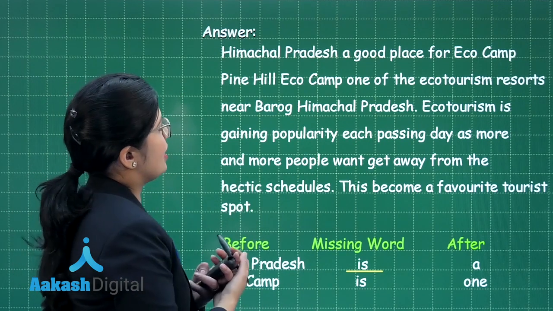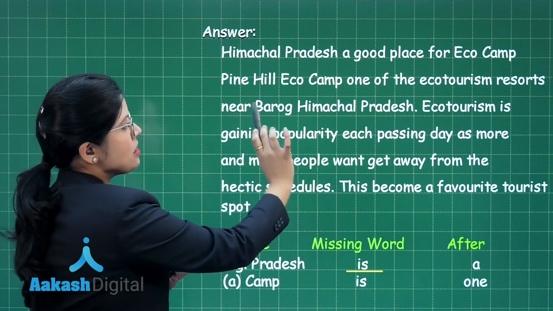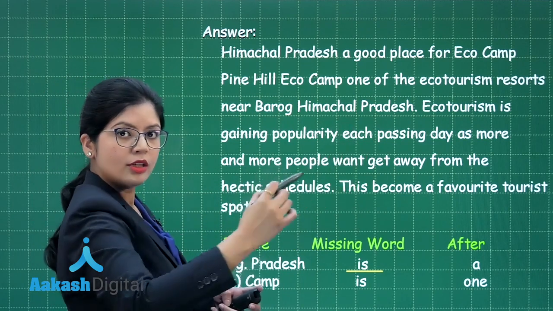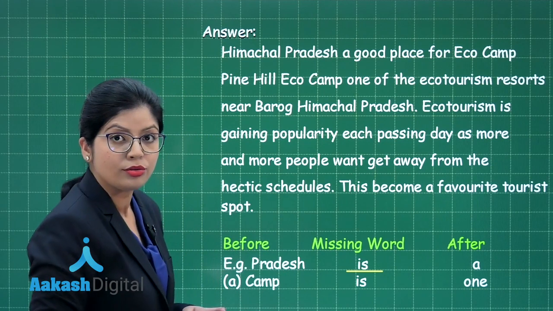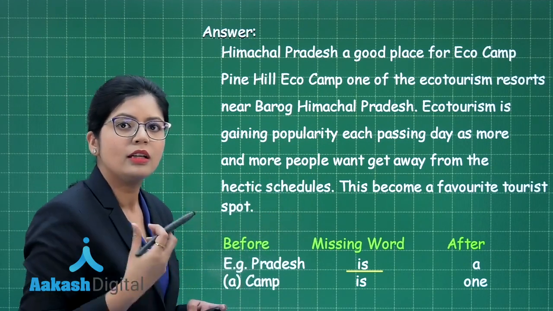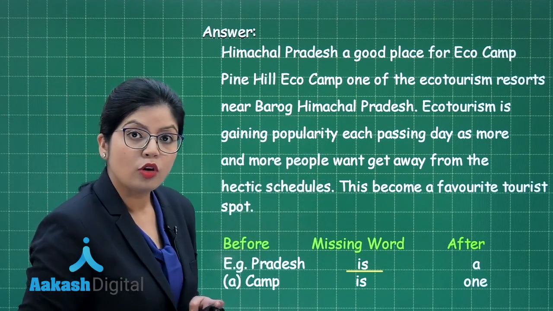Similarly, look at the next line. Pine Hill Eco Camp is one of the ecotourism resorts near Barog, Himachal Pradesh. Now, Barog, Himachal Pradesh are two places without any connecting link between the two. So clearly when you read the sentence, you notice that there has to be a link to join these two places to each other. What is the most common response?